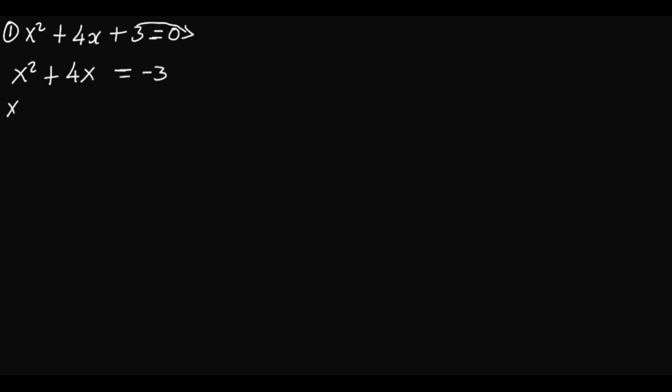Then upon reaching here, we need to find now the half of the coefficient of x. So we divide 4 by 2 is 2, then we square it and add it to both sides of our equation. So we get plus 2 squared, and here plus 2 squared. From here we can simplify the right side.